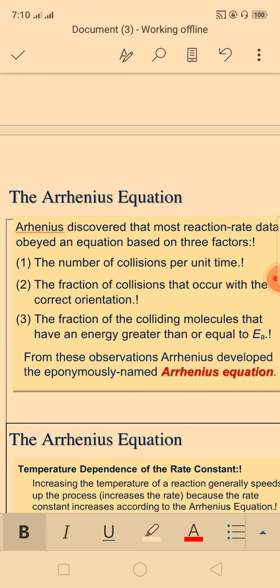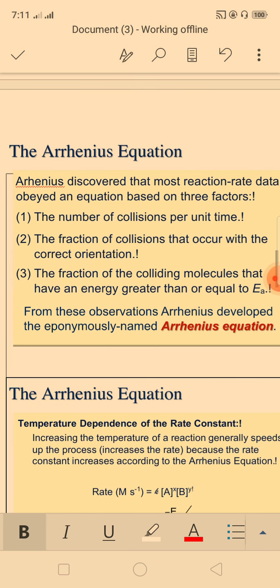Number one, the number of collisions per unit time. Number two, the fraction of the molecules that collide among themselves and are properly oriented. If there is proper orientation, effective collision takes place and the rate of reaction is increased.